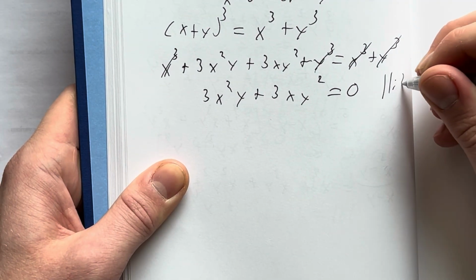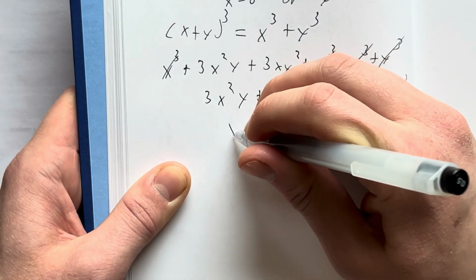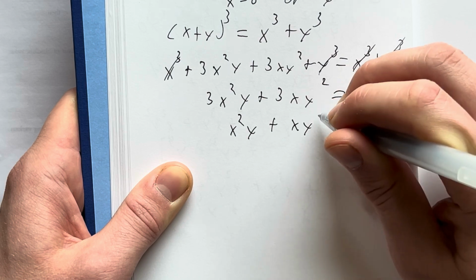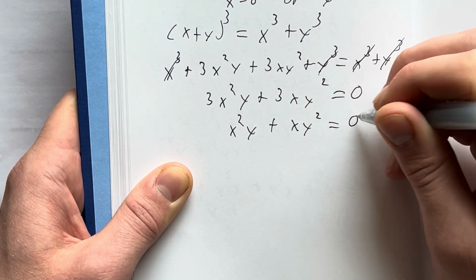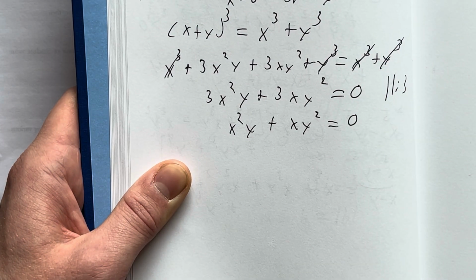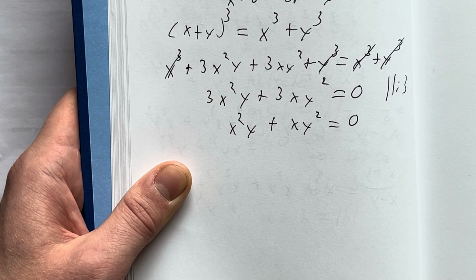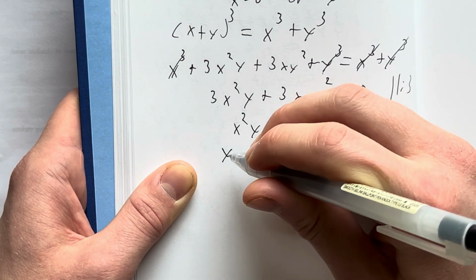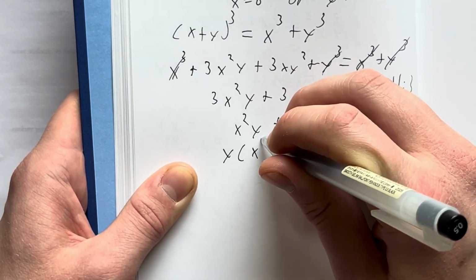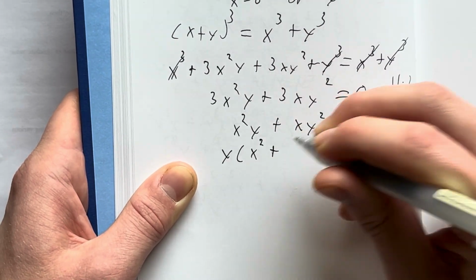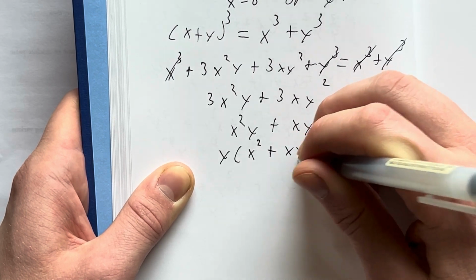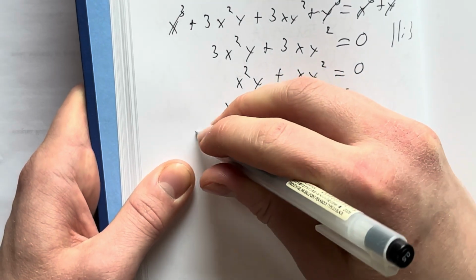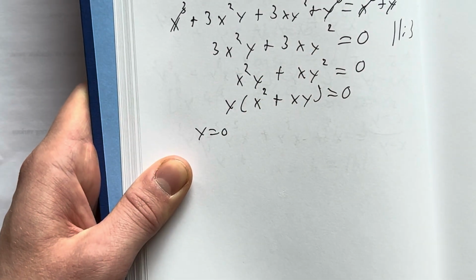We can divide by 3. x^2 y + xy^2 is equal to 0. And let's factorize this. For example, let's take the factor y out. y times (x^2 + xy) equal to 0. And thus y equal to 0 is one solution.